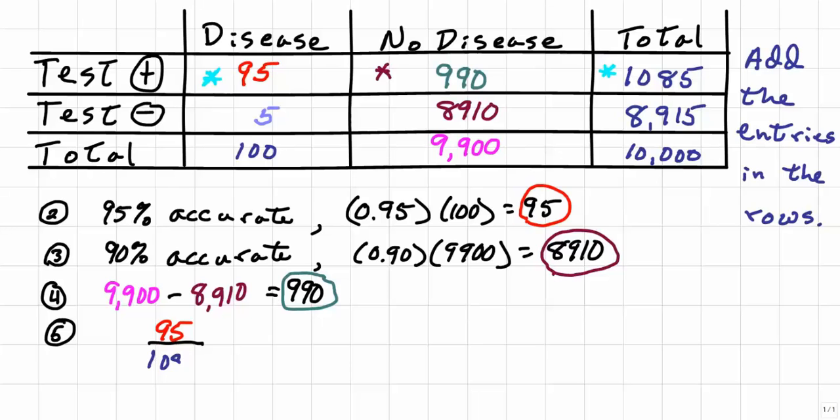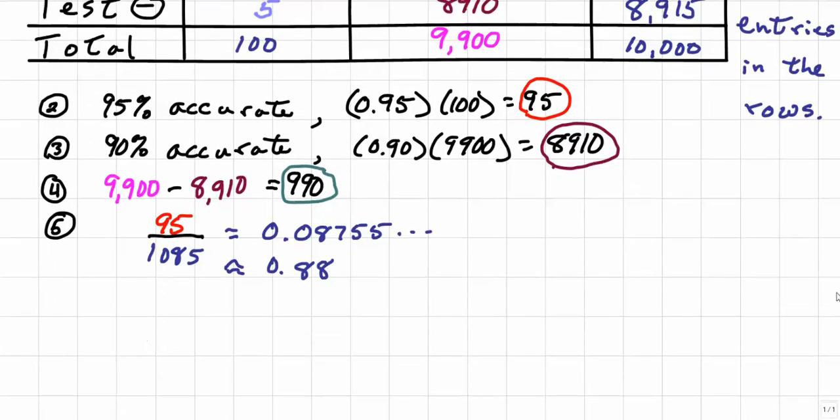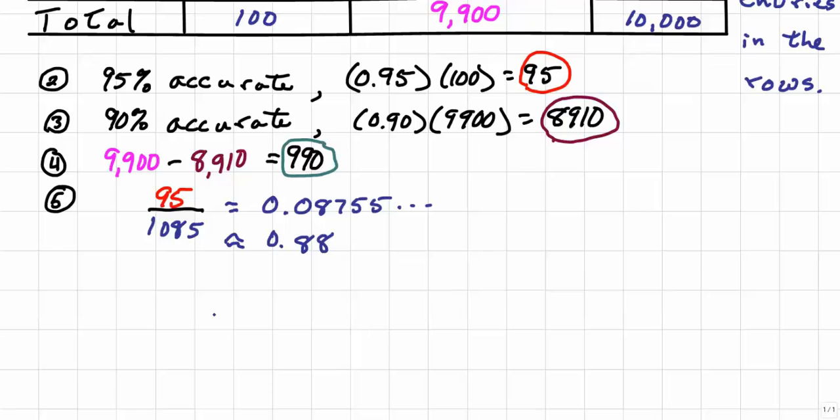We will get a decimal number for that, and it will be equal to 0.08755, and it is a non-terminating, non-repeating decimal and goes on, so we will round that to approximately 0.088. Now, to get the percentage as the problem wanted, we're going to have to multiply this by 100.